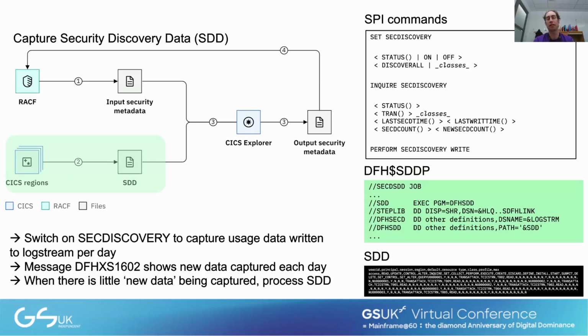So you can set the status to on, tell it to just discover XFCT accesses, and not bother with anything else, and it will happily go around and do that. We've got an inquire command, which allows you to see what the current status is, what's being captured, and the last times that we captured a piece of information.